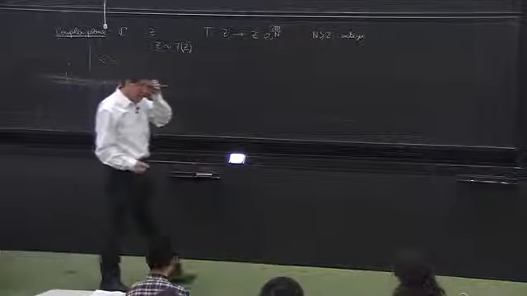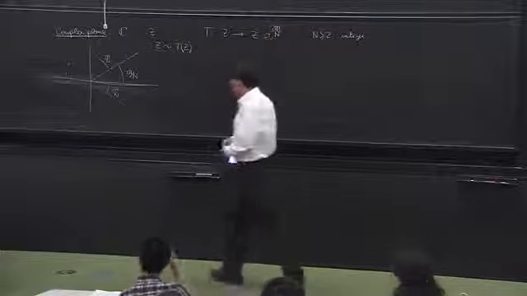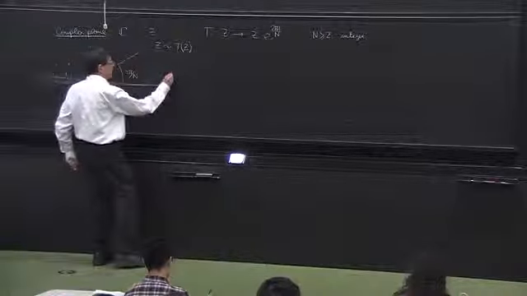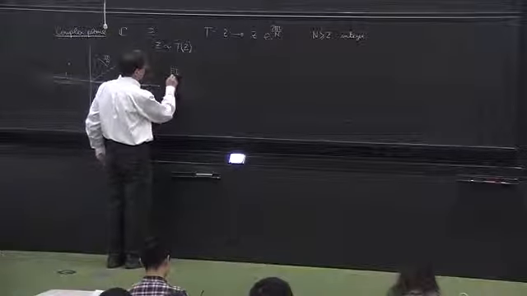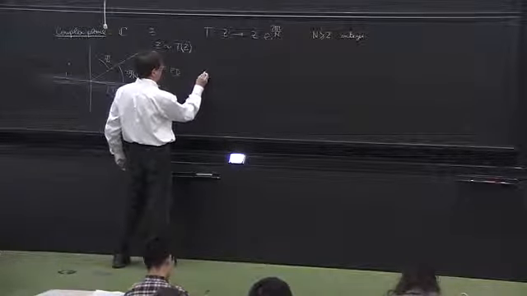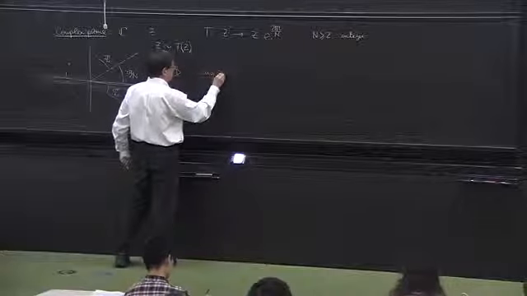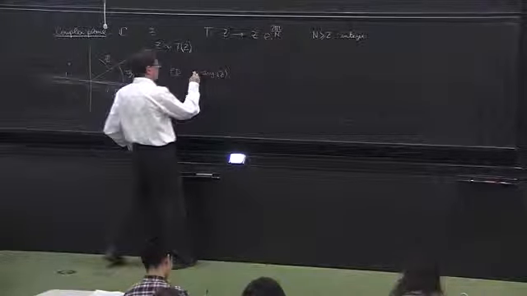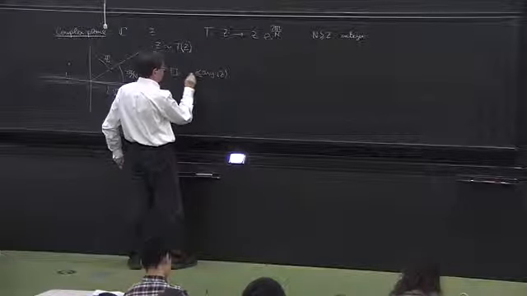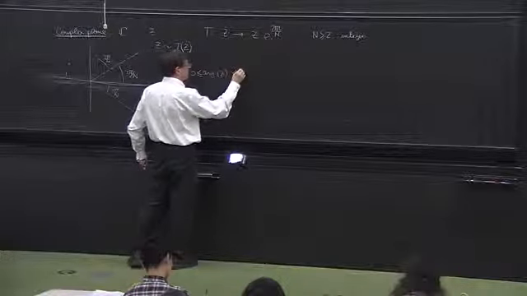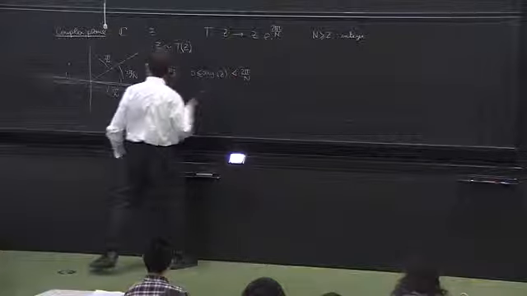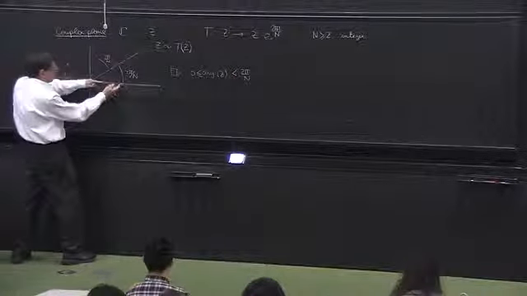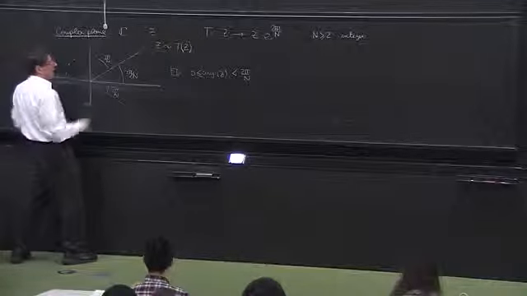So the claim now is that this first one is a fundamental domain. A fundamental domain would be the set of points with argument of z, the angle of the complex number, greater or equal than 0 and less than 2 pi over n. That's a fundamental domain. These points will be identified.